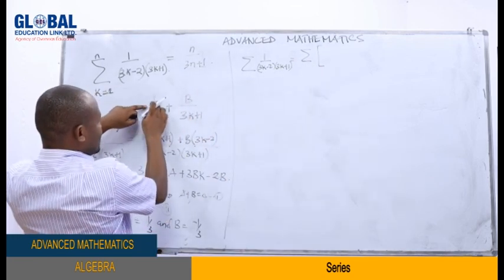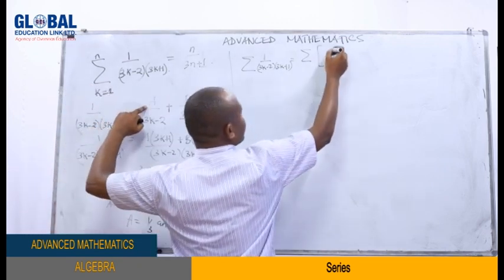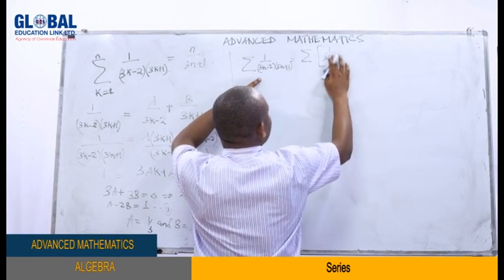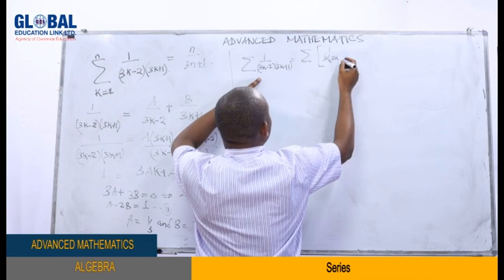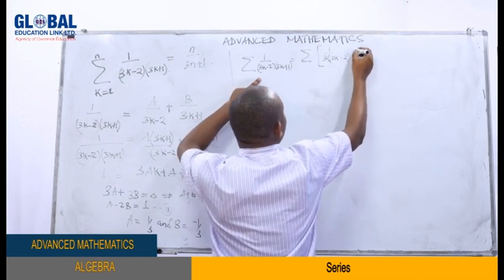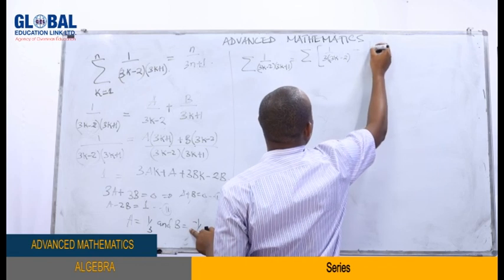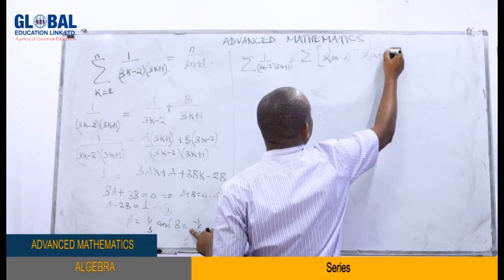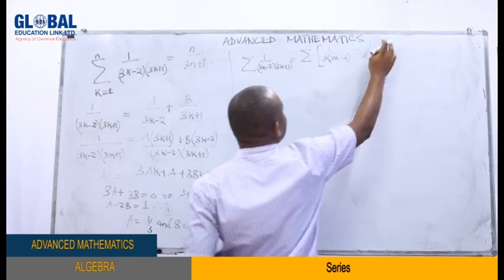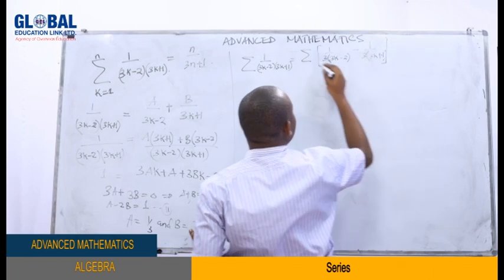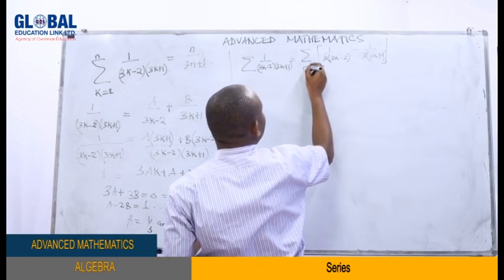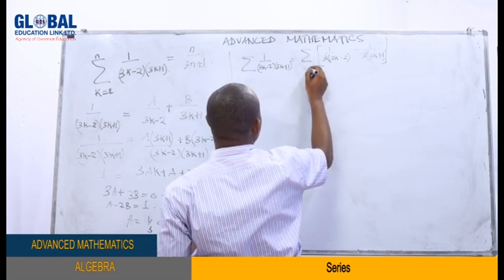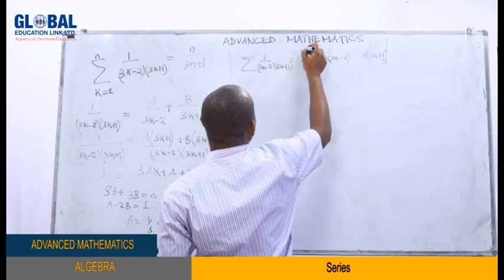In partial fractions, this will be 1 over 3 times 1 over 3k minus 2, but B equals to negative 1 over 3, that is minus 1 over 3 times 1 over 3k plus 1. And this is added, when k is equal to 1 up to n.